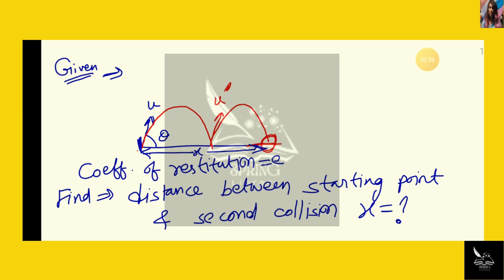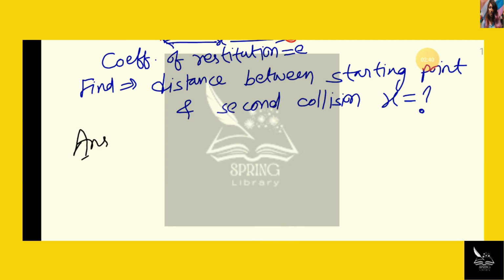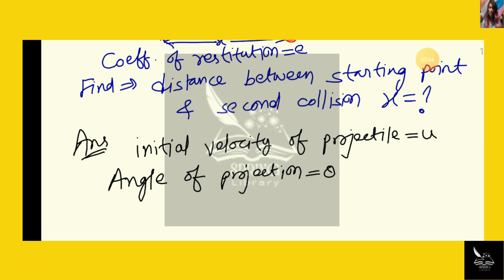Now in the answer, the initial velocity of the projectile before taking a collision is u, and the angle of projection is theta.